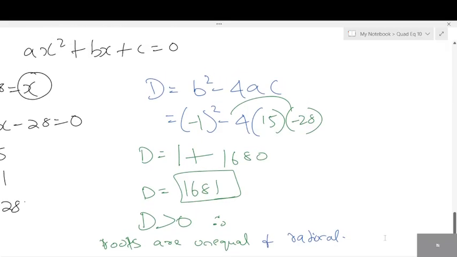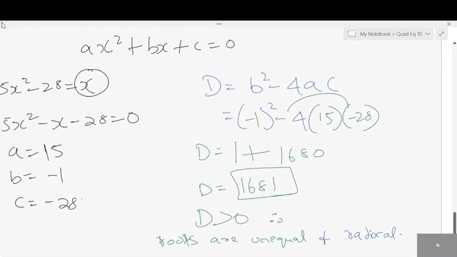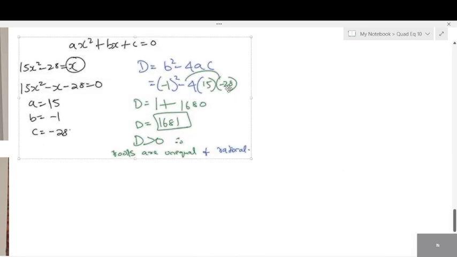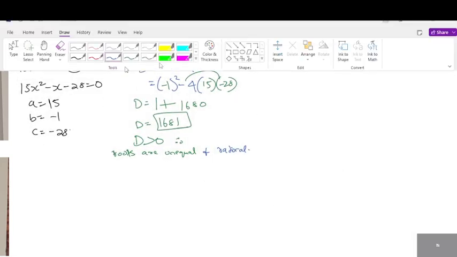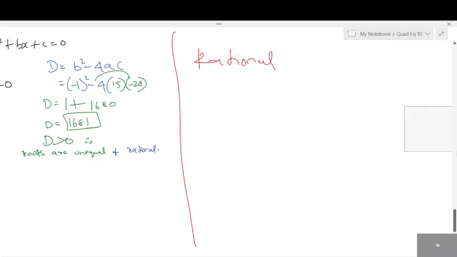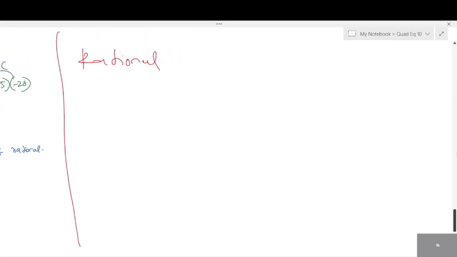Fine. Now I'll explain what is rational, irrational. It's a very simple concept. Just quickly go through this. The meaning of rational, irrational.